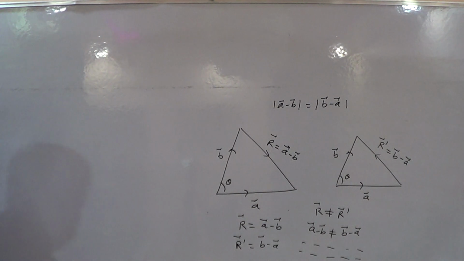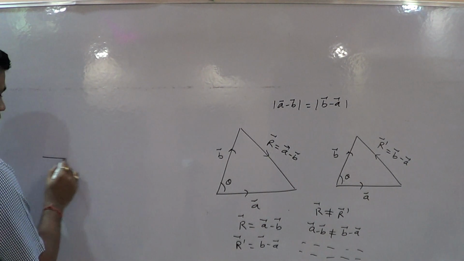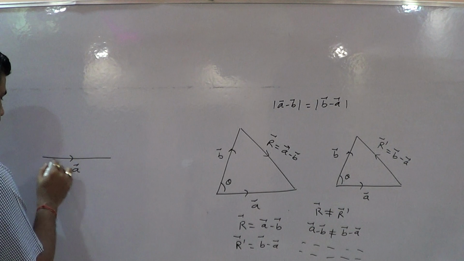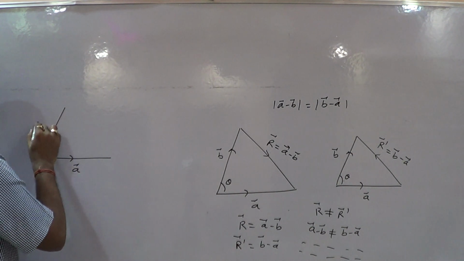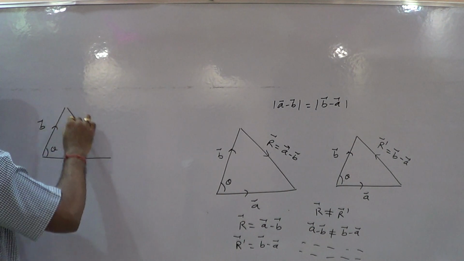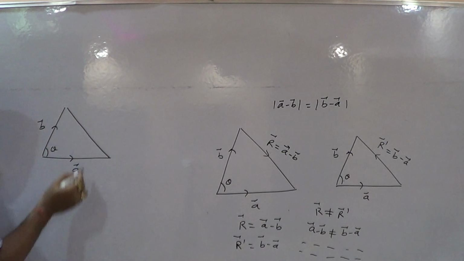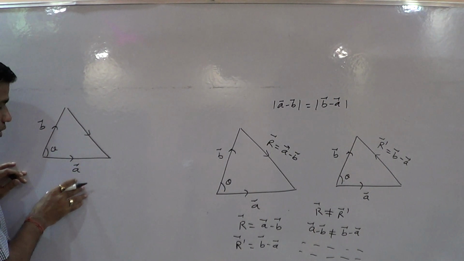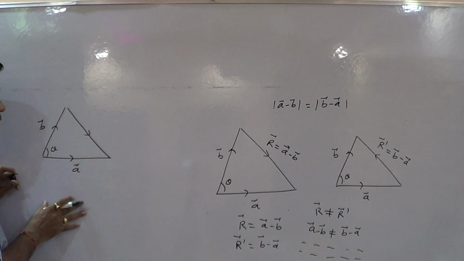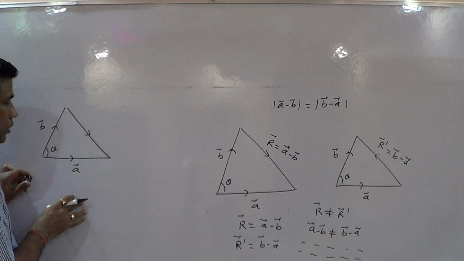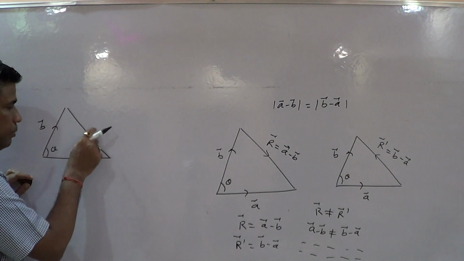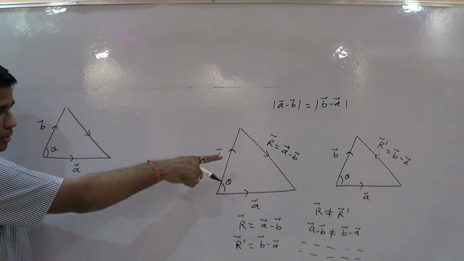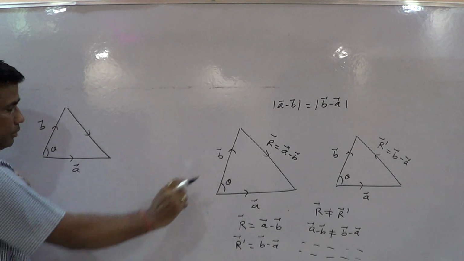Suppose any one of you is not accepting that this one is a minus b. As I told, the arrow should be towards the vector from which you are subtracting. So this is a minus b I expressed in this diagram.